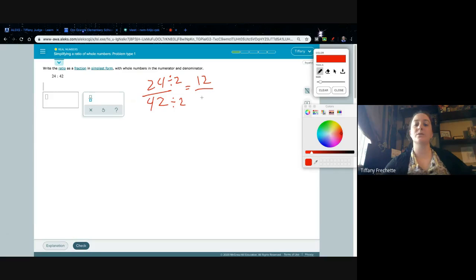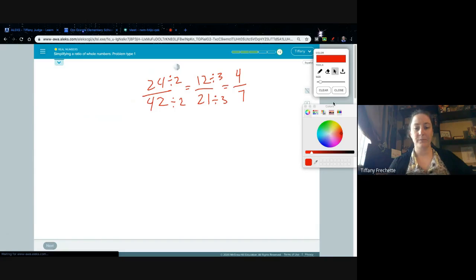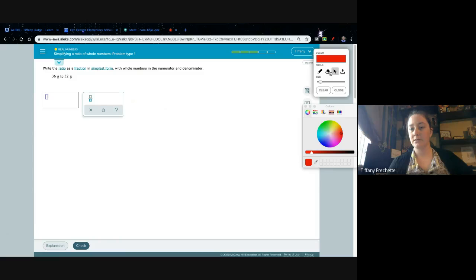If I divide by 2, I get 21. They're not both even, but I'm pretty sure you can divide both by 3. So then I get 4 and 7. Now with 4 and 7, nothing can divide into those. So I'm down as far as I can go in reducing, and I check it. And I'm good. All right, clear.